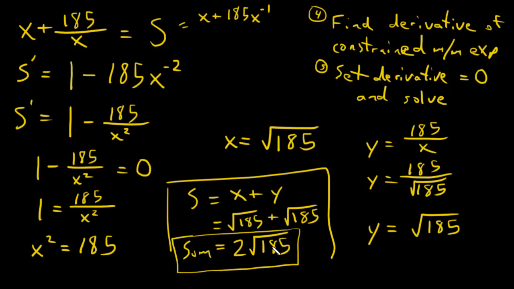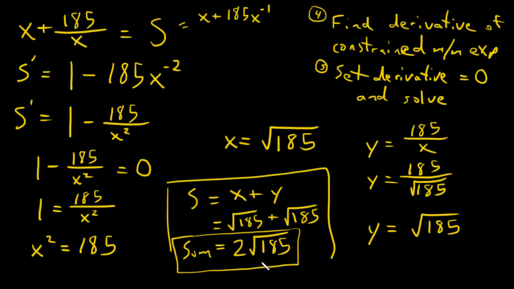Alrighty. So what do you think? If I'd asked you this question, randomly, walk up to you on the street and ask you to figure that out, yeah, you can sort of figure it out once you do enough of these. You're going to notice that the square roots pop up a lot when it comes to min-max problems, for good reason.